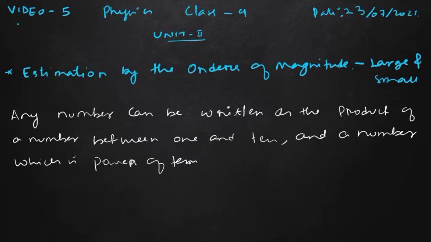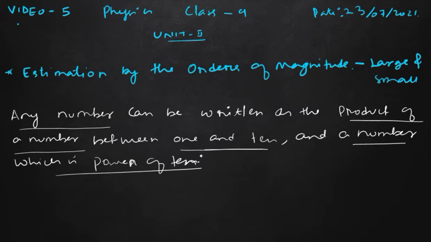So what we have learned: any number can be written as a product of a number between 1 and 10, and another number which is a power of 10.